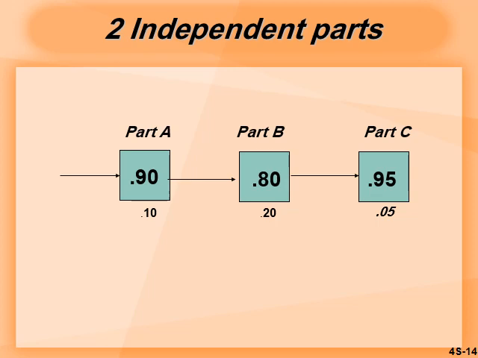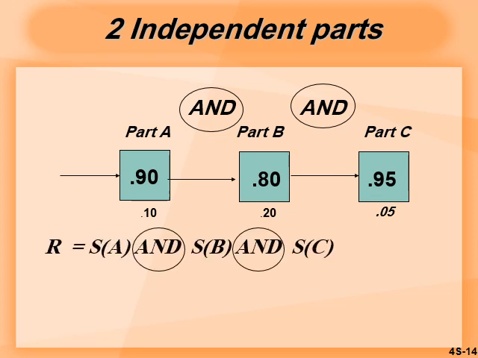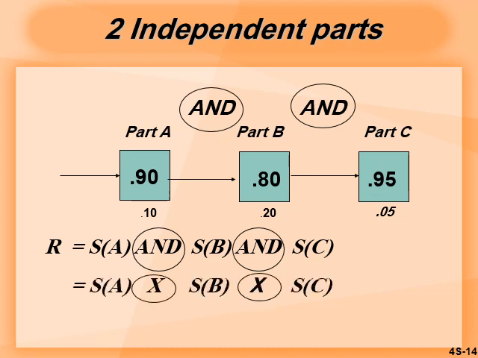For B, 0.2 failure, so the success will be 0.8 and so on. What kind of relationship? Reliability of the whole system requires success of A and success of B and success of C, translated into times. So reliability equals 0.9 times 0.8 times 0.9.